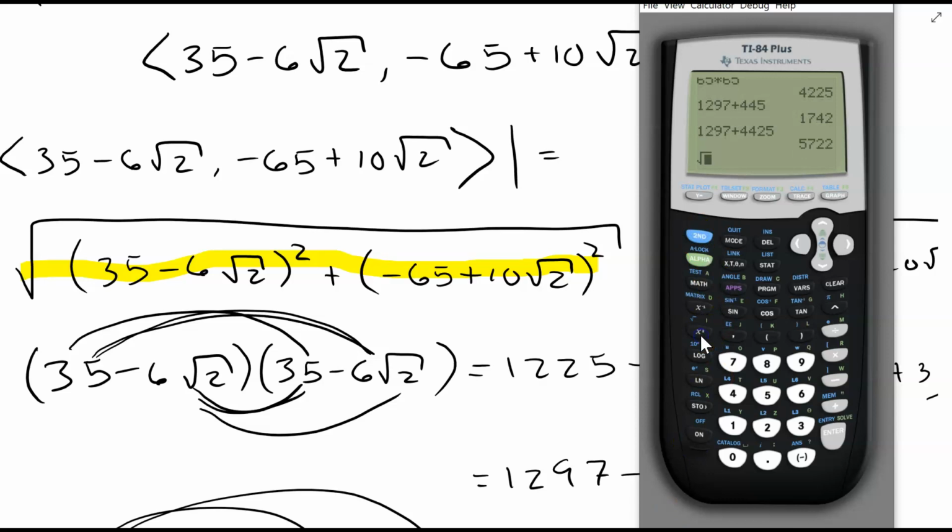The square root of 35 minus 6 root 2 squared plus negative 65 plus 10 root 2 squared, and I get about 57.35, which would be fine.